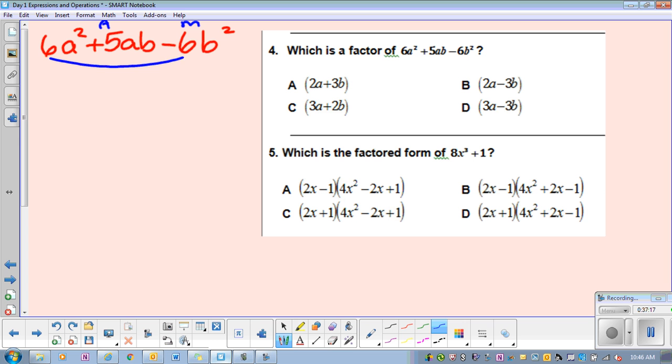We need to swing this over because there is no GCF and there's a number in the front. So, negative 36, right? Now my new M number is negative 36. What's my A number? Still 5. So what two numbers multiply to give me negative 36 but add to give me 5? Negative 4 and 9.